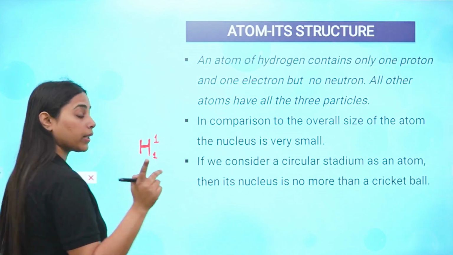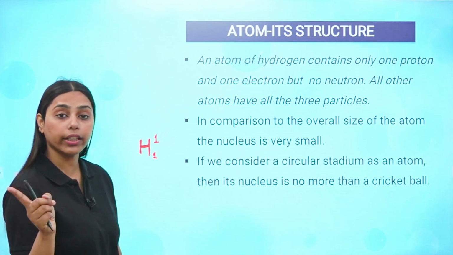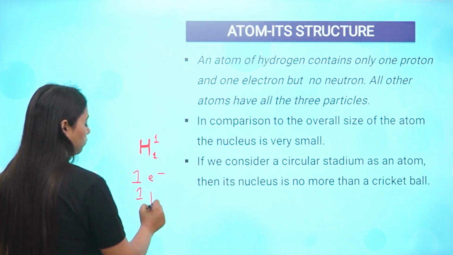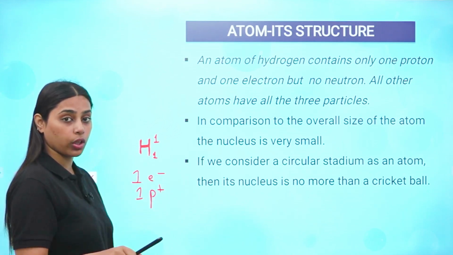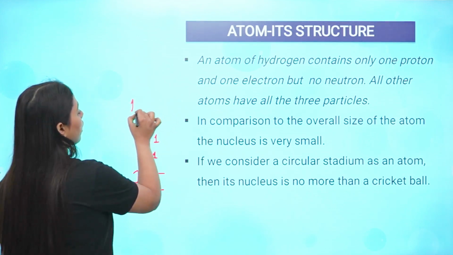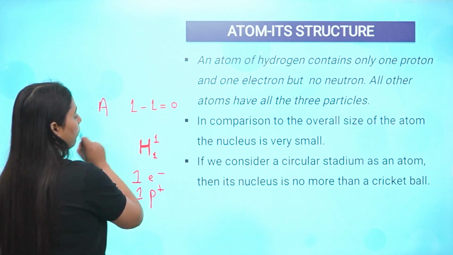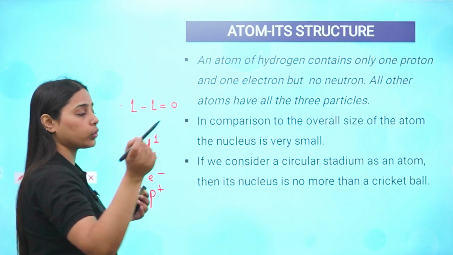So the atomic number, as I said, is equal to the number of protons or the number of electrons. So hydrogen has one electron, one proton, and neutrons are calculated by subtracting the number of protons from the mass number. It has mass 1, so 1 minus 1 is 0. Here we are calculating the number of neutrons.